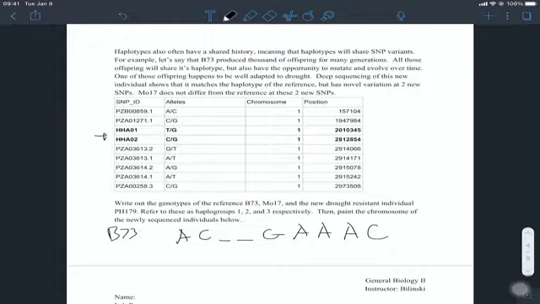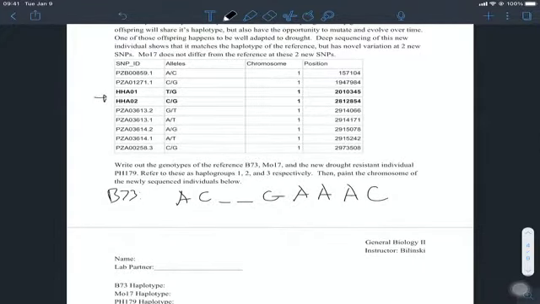Deep sequencing, so now we're sequencing to high coverage, of this new individual shows that it matches the haplotype of the reference, but has two novel variations at these two new SNPs. Mo17 does not differ from the reference at those two SNPs.